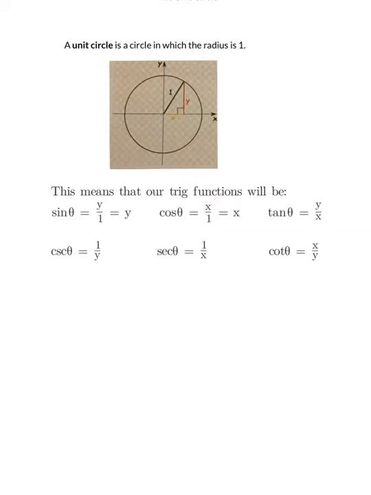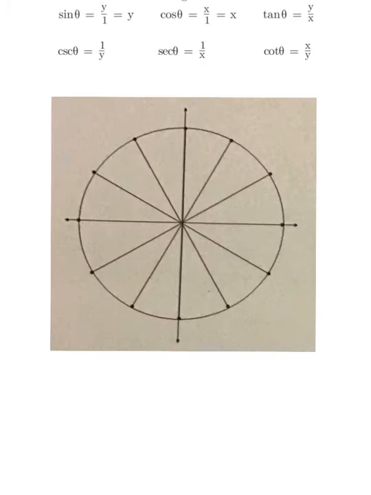Tangent will not change because tangent does not have r in its definition. Tangent is still y over x. But now cosecant becomes 1 over y, secant becomes 1 over x, and then cotangent stays the same as x over y.